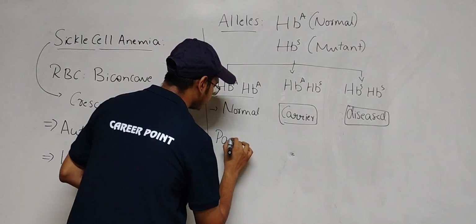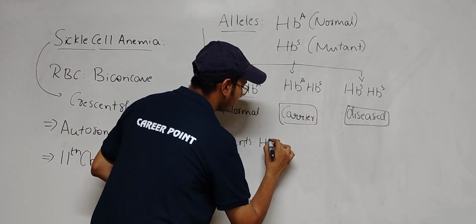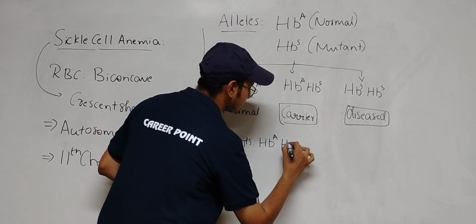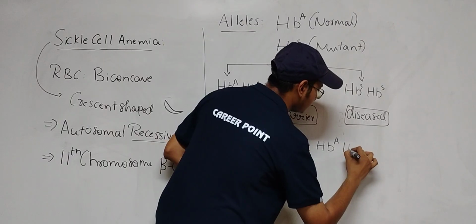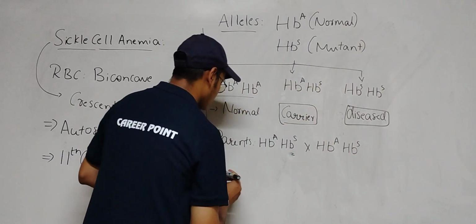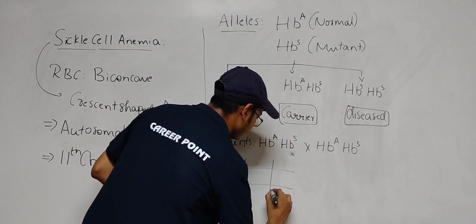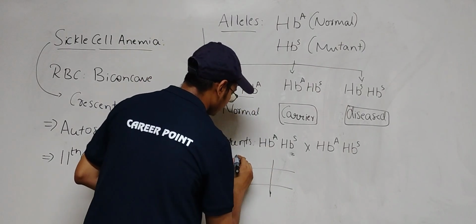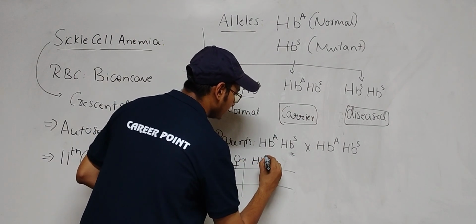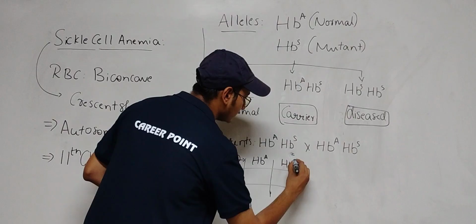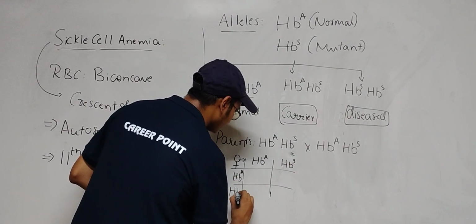Parents are carriers, HBA HBS and HBA HBS. Male and female, HBA and HBS, here also HBA and HBS.